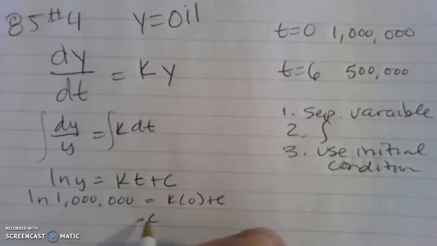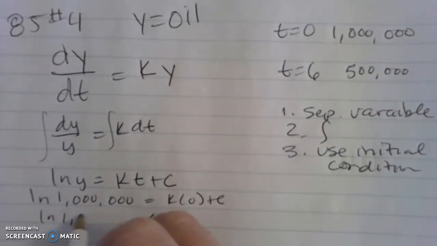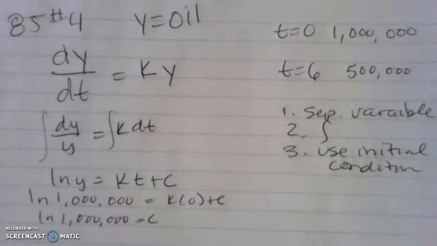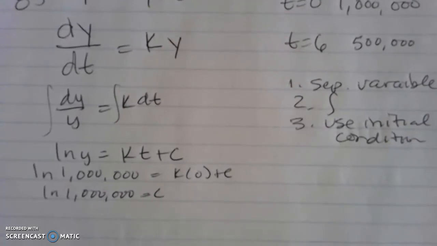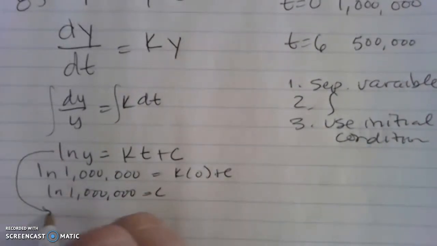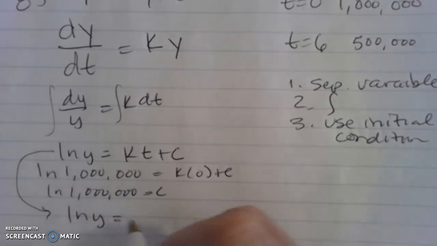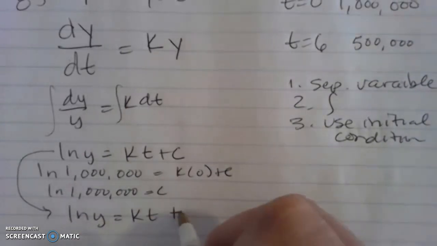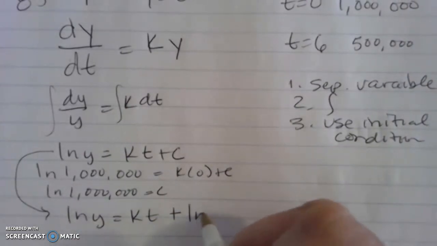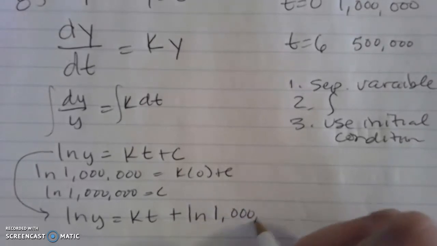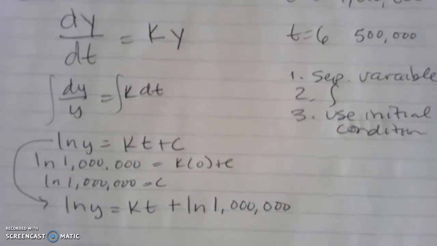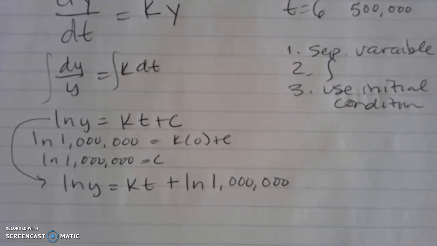So you can see that c equals ln 1 million. That means I can now take this formula and write ln y equals kt plus ln 1 million.